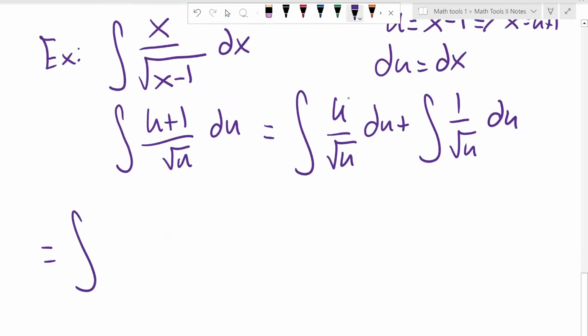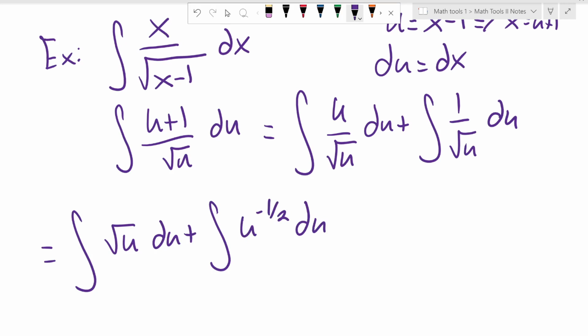So this is u to the 1 minus 1/2, right? I'm just using the exponents. This is to the 1 power, this is the 1/2 power. So we subtract them. So u divided by root u is actually just root u. And then this is u to the negative 1/2 du.